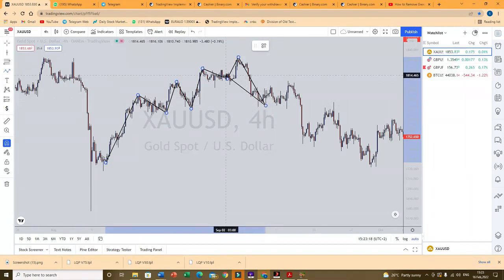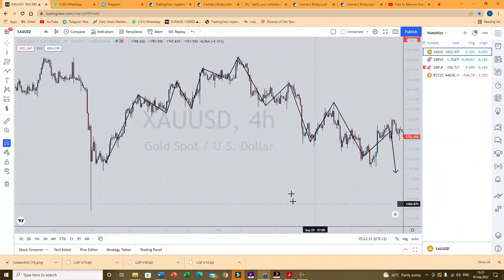After breaking this low, price started to create lower lows and lower highs, and the trend goes like that, right? So let's investigate where the trend actually changed. The trend actually changed at this very point.